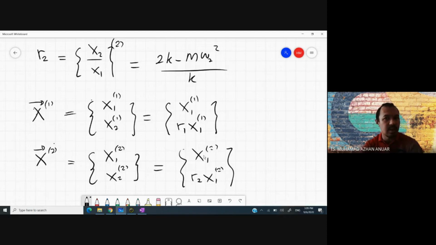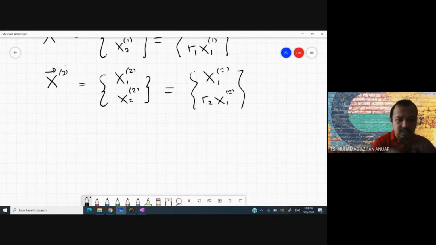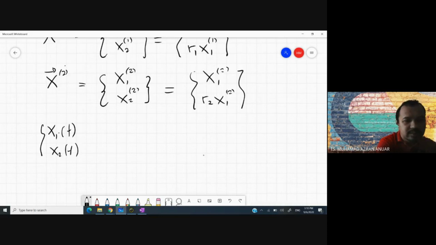So that is our objective number 3. We get the equation of motion, the matrix representation, the natural frequency, and then the mode shape. Now is the response of the equation. How to represent the response? Response is a small x, in the form of x(t), with x1 and x2.